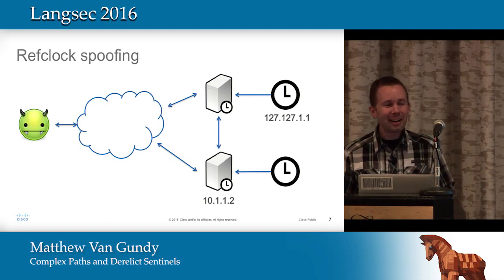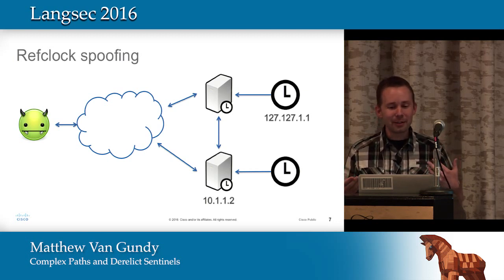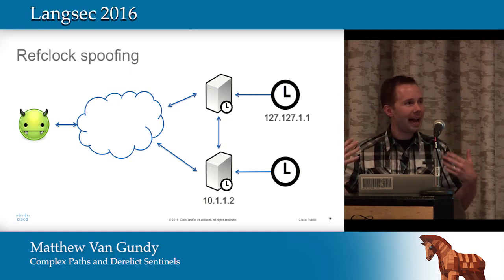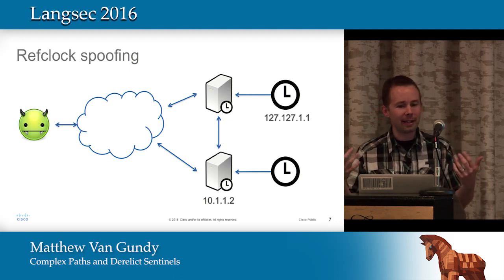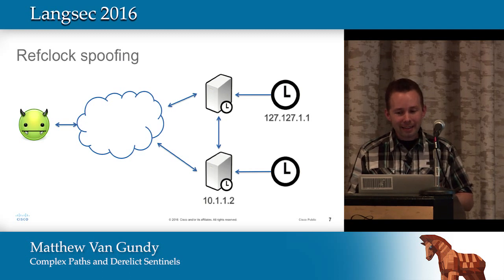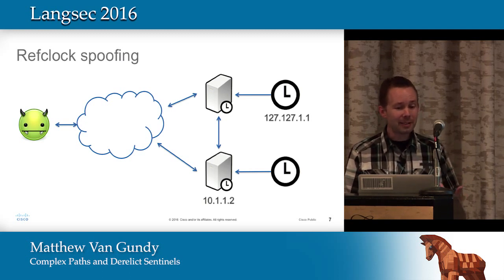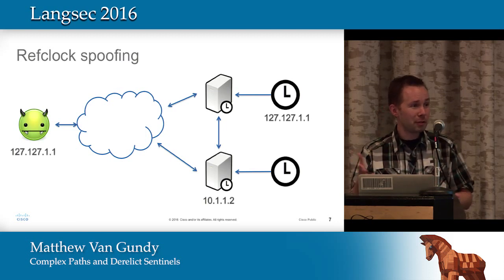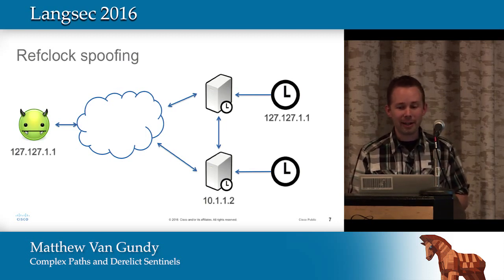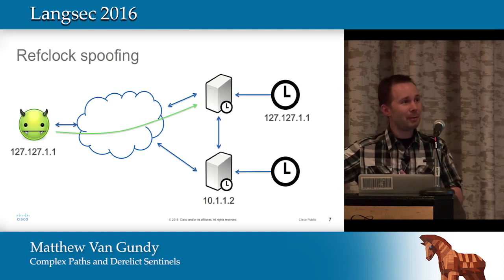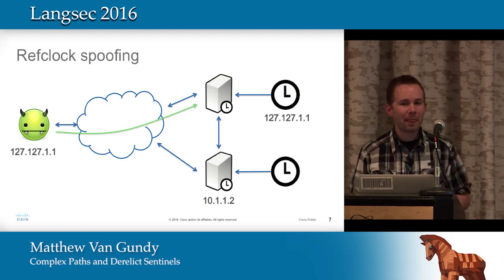Well, NTP assumes that local net packets are going to be filtered out on most systems. They're Martian packets, right? Well, that's not true on all systems, and for some very good reasons. And so on those systems, the attacker just spoofs a packet with a Refclock IP address, and NTP will say, oh great, here's a packet from my Refclock, I better update my time.